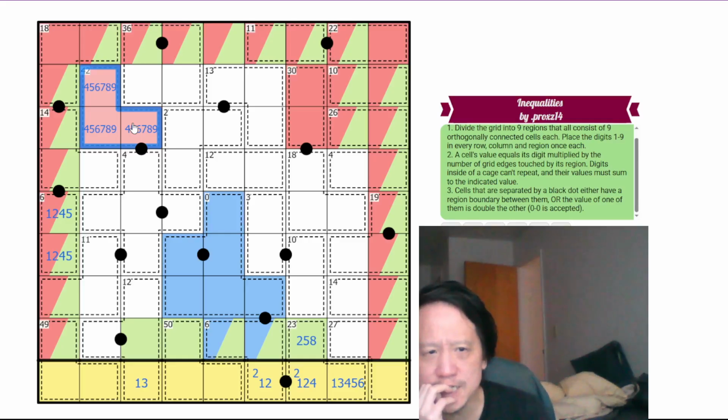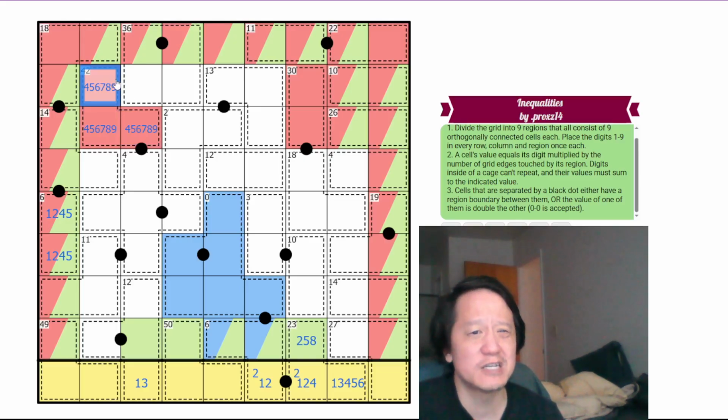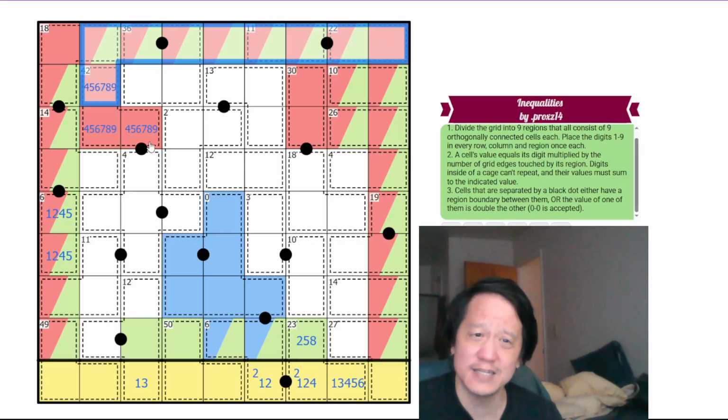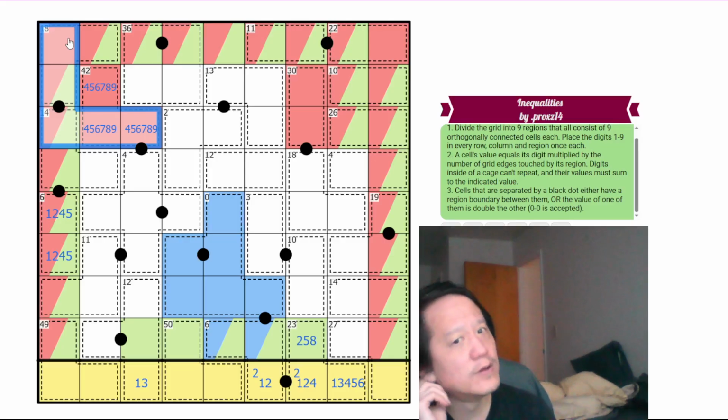I think so, right? Can these be different regions? Technically, yes. You could have something like that, and then something like that. Okay, never mind. So that's not a guarantee. Hmm. Interesting.